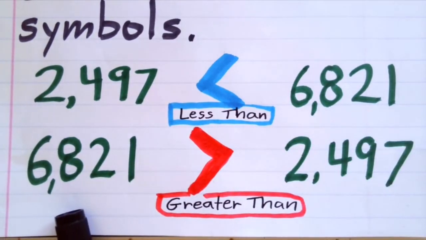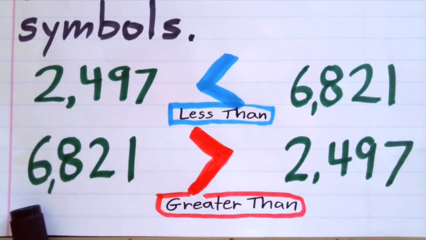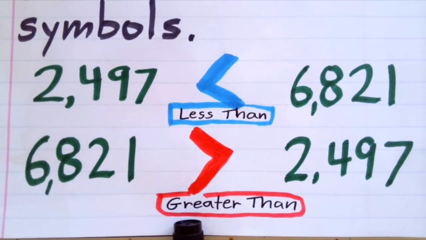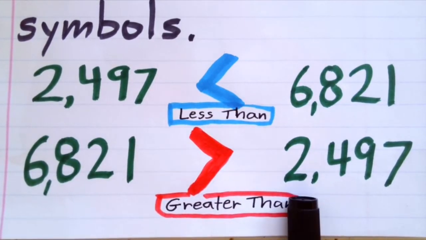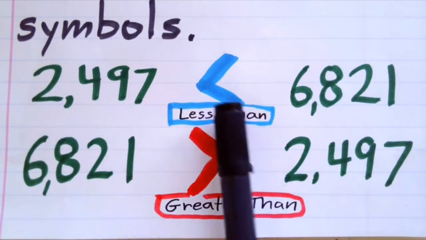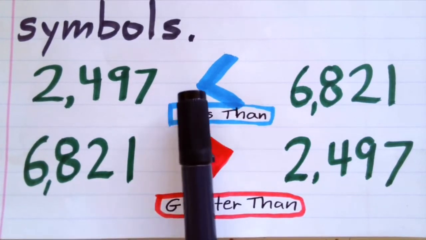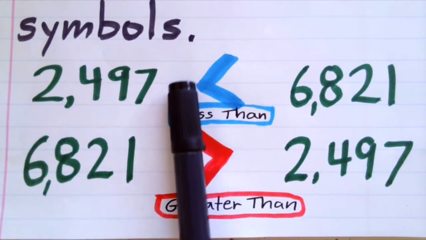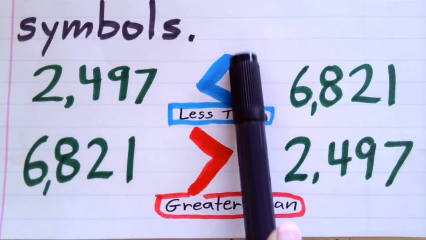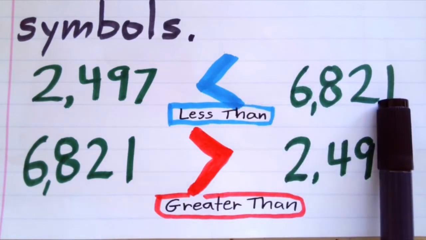But if we switch them around, now the number on this side is the bigger number. 6,821 is greater than 2,497. If you look at these symbols, you will see that the less than has the point or smaller part facing the smaller number, and the open wide or bigger part is facing the bigger number.